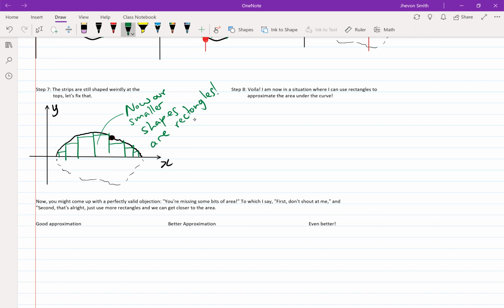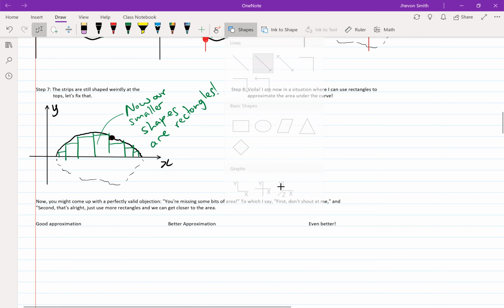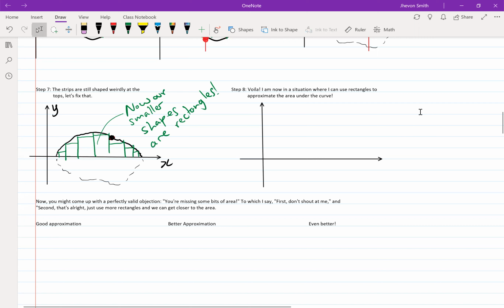And now we're in a situation where we can actually use these rectangles to approximate the area of the shape that we wanted in the first place.